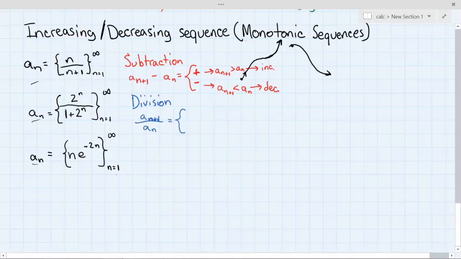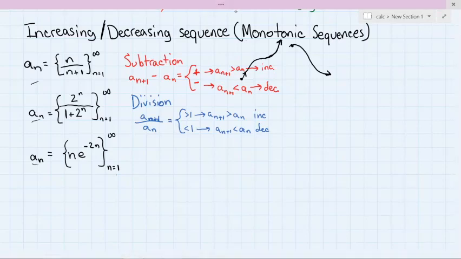So if in this case it's greater than 1, this means that a sub n plus 1 is greater than a sub n. And if it's less than 1, that means a sub n plus 1 is less than a sub n. And just like above, if n plus 1 is greater, then it's increasing, and this one is decreasing.